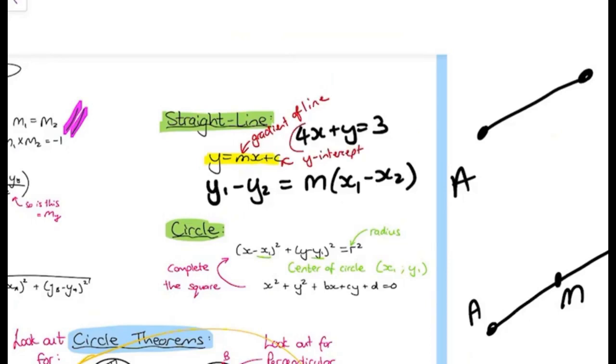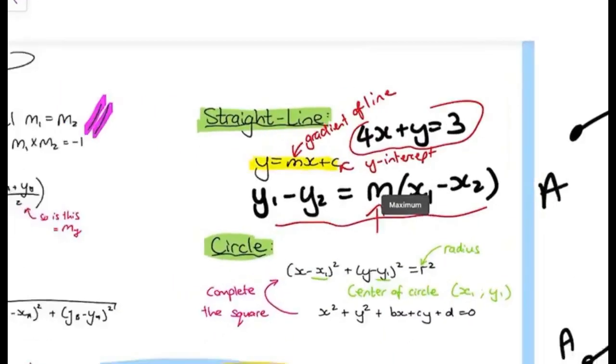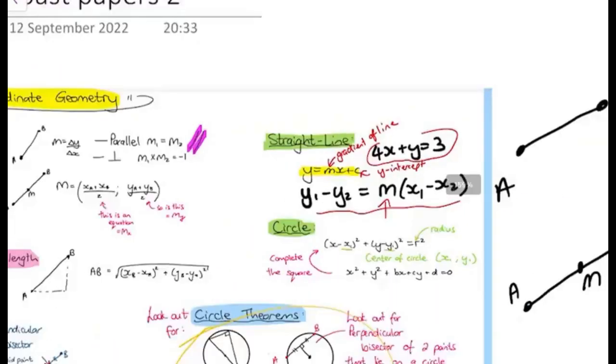Okay, so I could just rearrange this to make y the subject of the formula, and then I should be able to find my gradient and my intercept. The same with this, I just multiply everything out, and then I've already got my gradient, but I'll have to multiply out and then collect like terms and make y the subject of the formula to find my c value. Okay, so that's just the equation of a straight line.